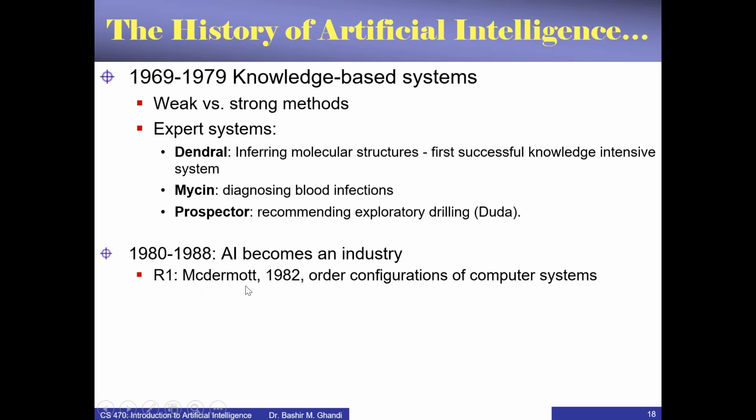This system was developed for a computer company called Digital Equipment Corporation, DEC, and it was designed to automatically configure computer systems. It became very useful to them, such that by 1986, this program was saving the company about $40 million because it does all the configuration automatically on its own without involving humans.